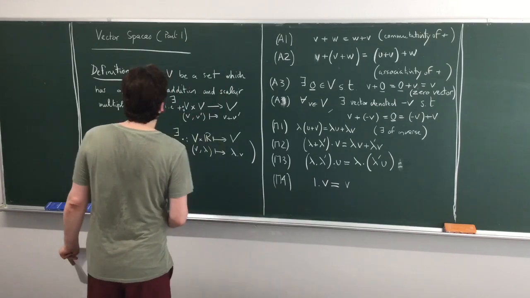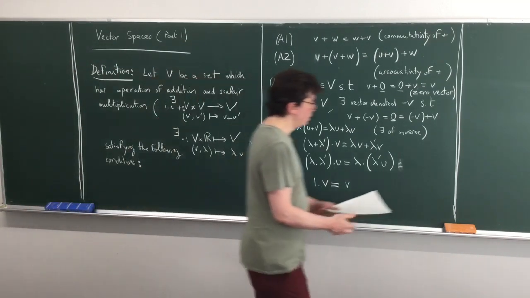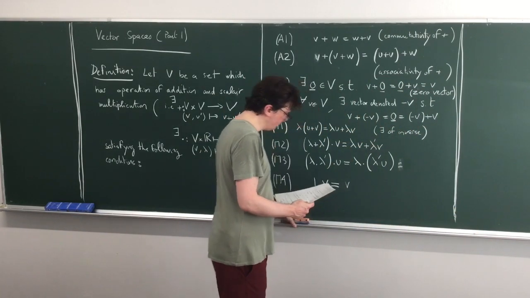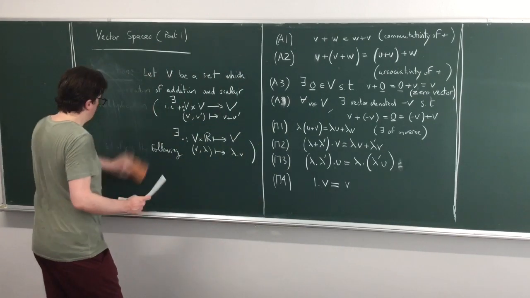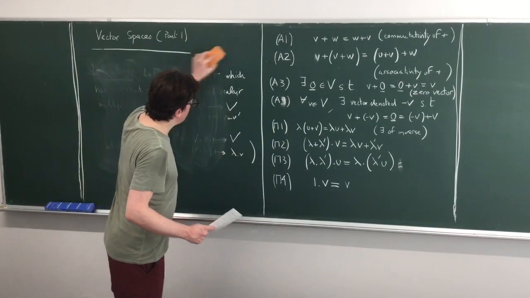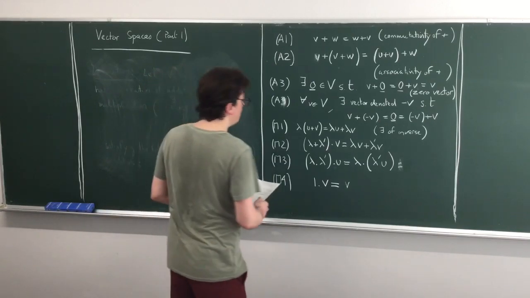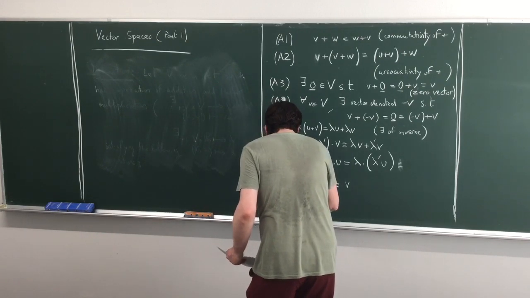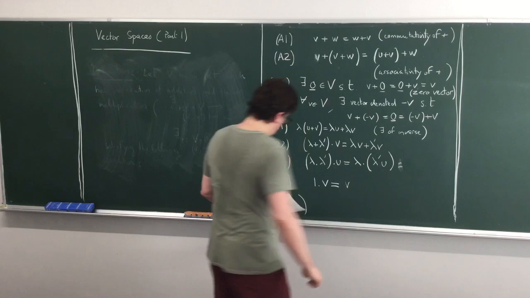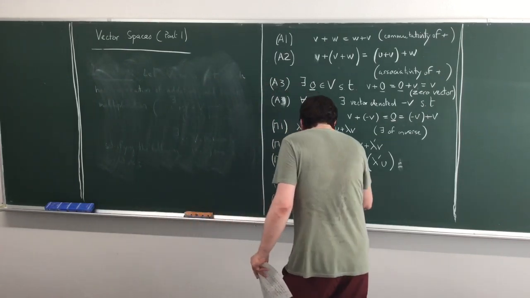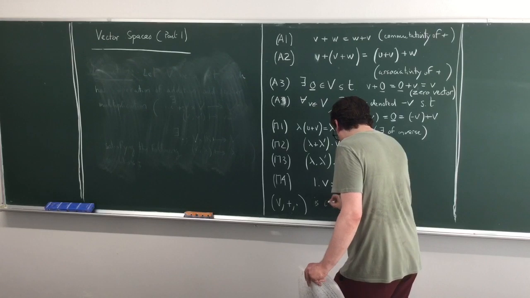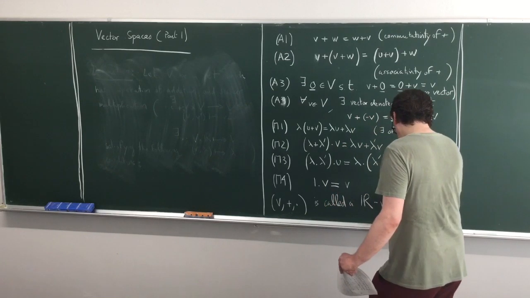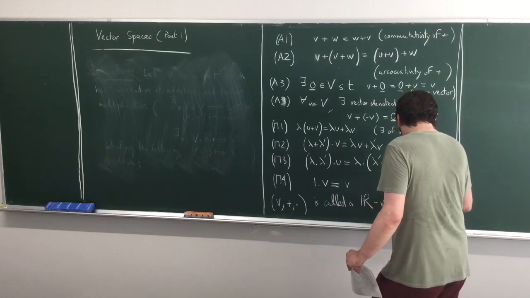Okay, so let me add a few remarks. Okay, so a vector, sorry, I didn't finish my sentence. So V with this operation and these two operations satisfying these conditions is called a R vector space.